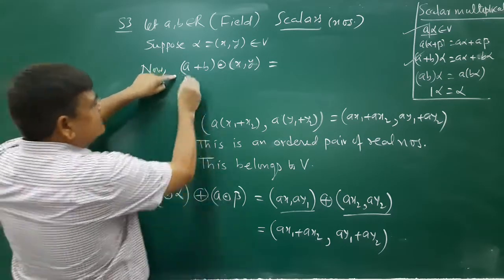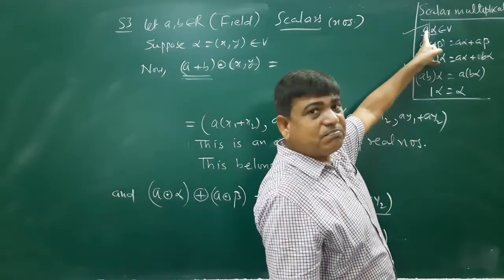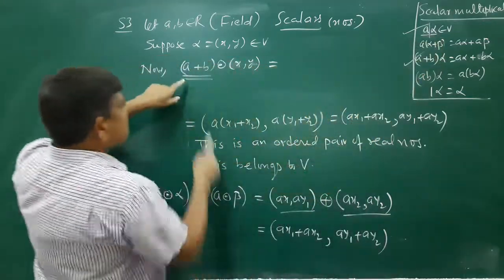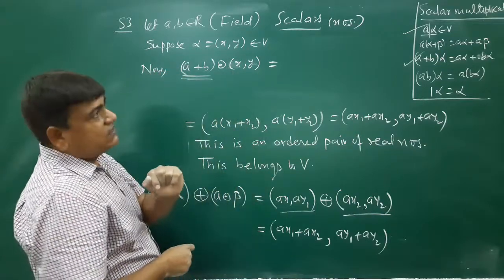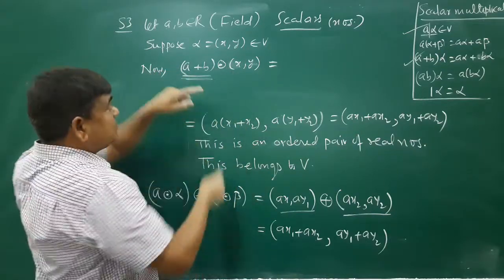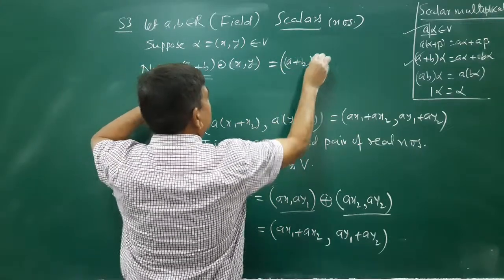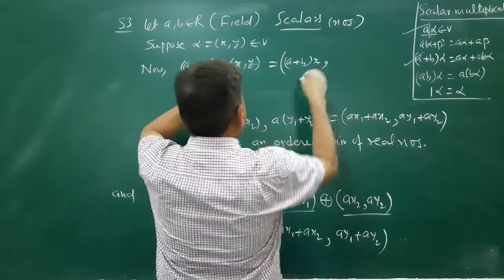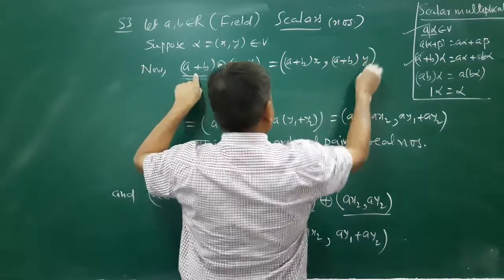Okay, this is a number, just like a. Simple one. So what was the definition? This number is multiplied by this and this number is multiplied by this. It's a pair. So it is (a plus b) x, comma (a plus b) y.